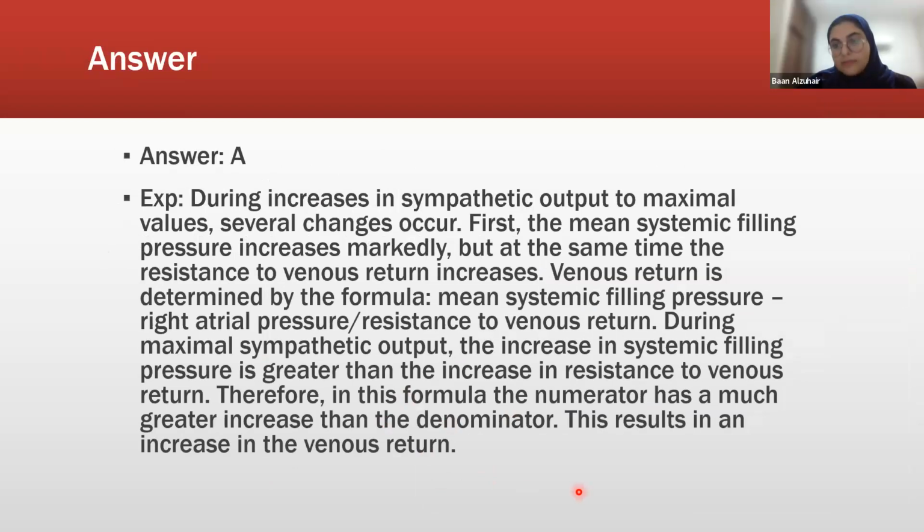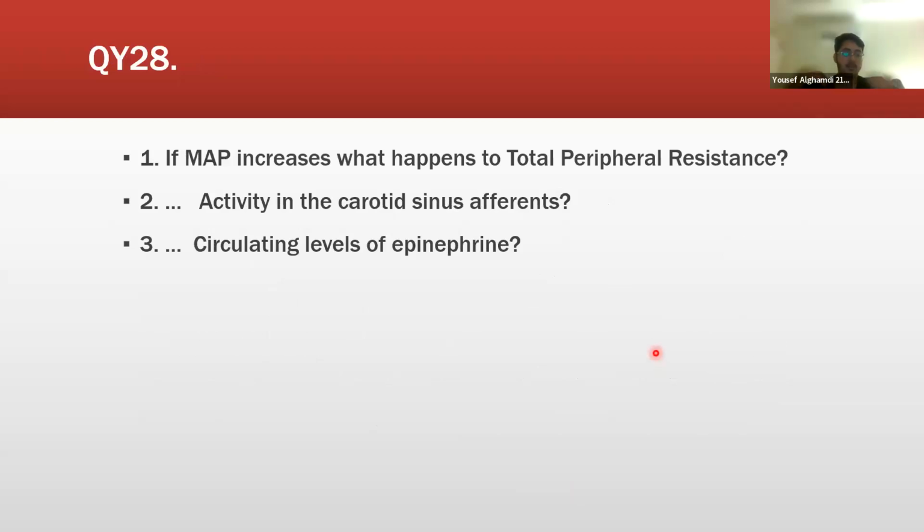You're right. The numerator increases more than the denominator, or the top increases more than the bottom. So it's a bigger number. Okay, good. Now, if mean arterial pressure increases, what happens to TPR?